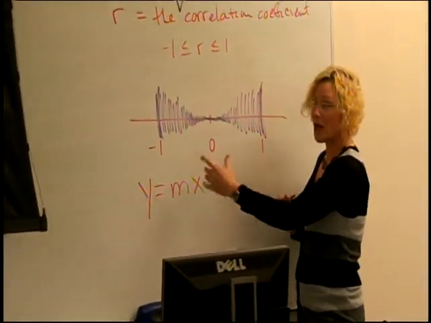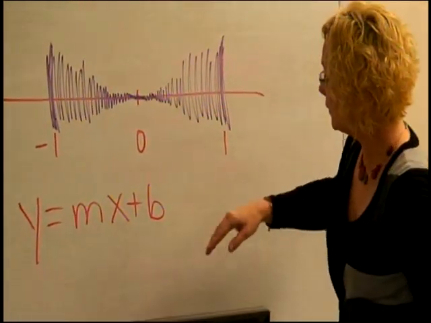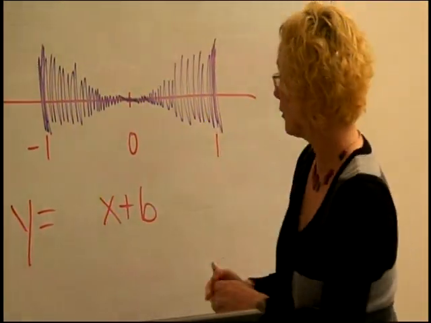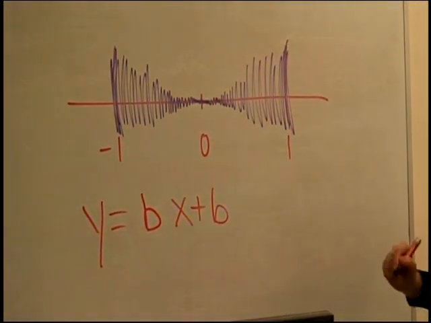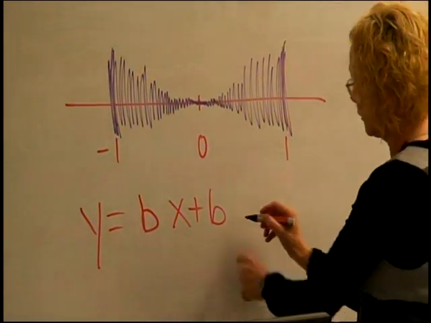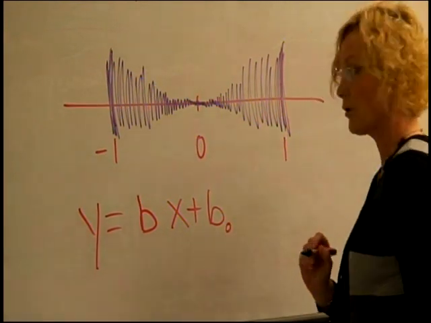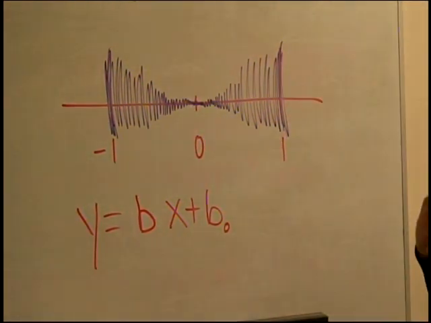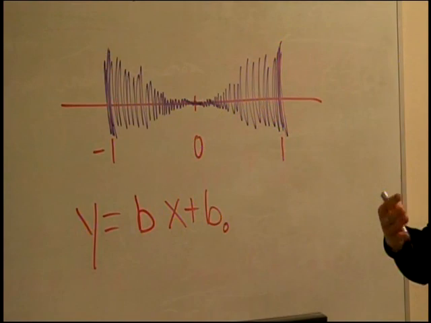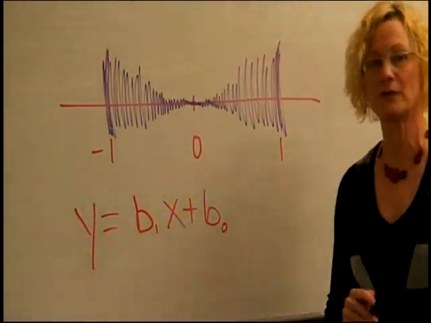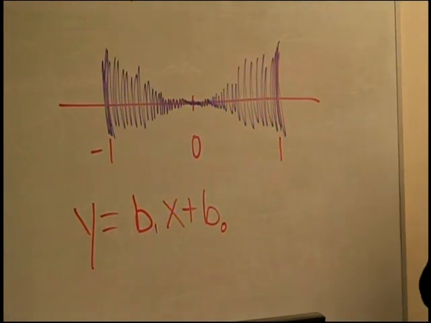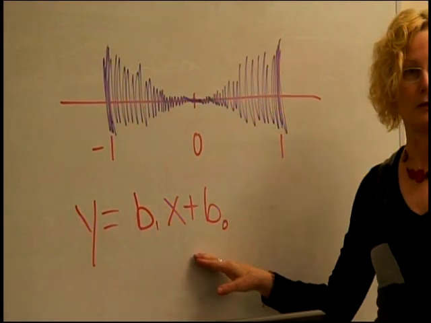Okay. A lot of times in stat, what we do is we call all of the constants b's. The intercept is called B0, B with a subscript 0, or B naught, like N-A-U-G-H-T, okay? And the slope is given with a subscript of 1.